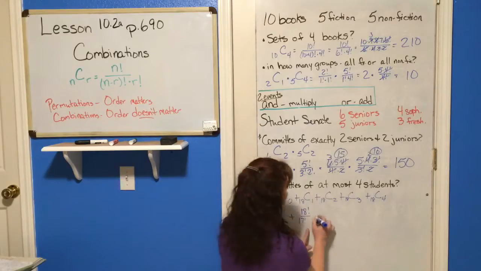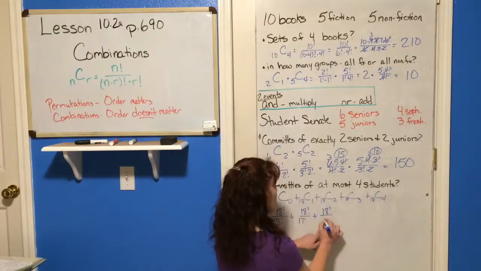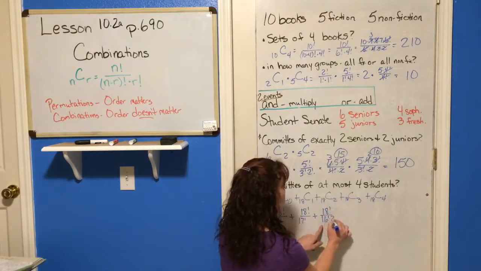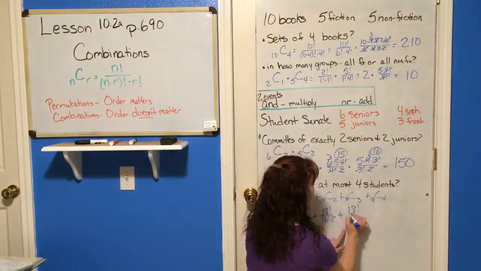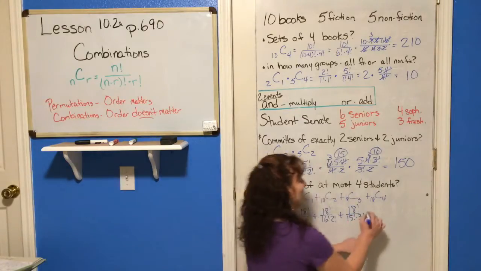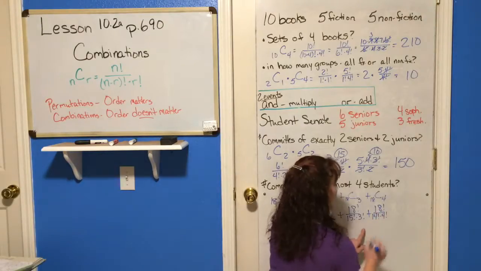We're going to leave that. Plus the combination 18 factorial over 16 factorial times 2 factorial, plus 18 factorial over 18 minus 3 is 15 factorial times 3 factorial. It's getting long, huh? Plus 18 factorial over 14 factorial times 4 factorial.